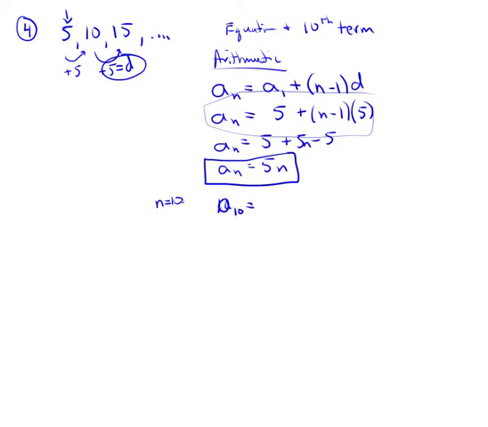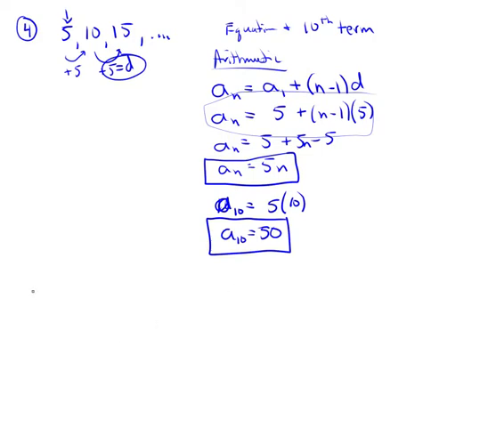We really don't have to write n equals 10 here because we've already done that in our equation. When we write a sub 10, that means the 10th number in that sequence. So we'll have 5 times 10, which would be a sub 10 equals 50. So there is our 10th term. It would be 50 in our sequence.